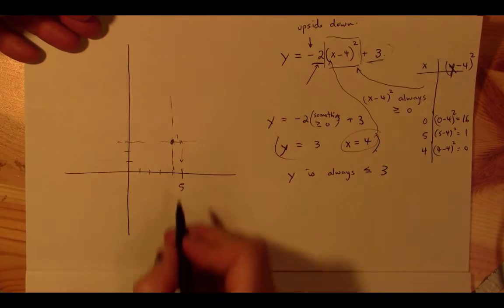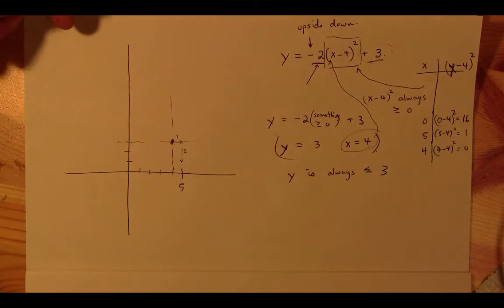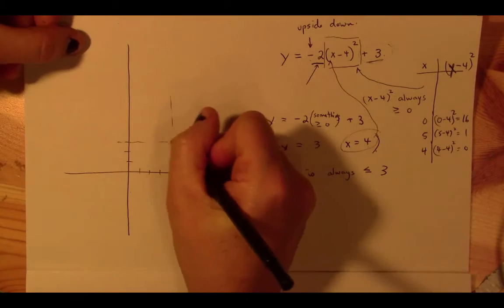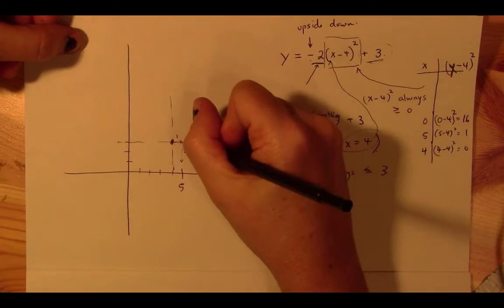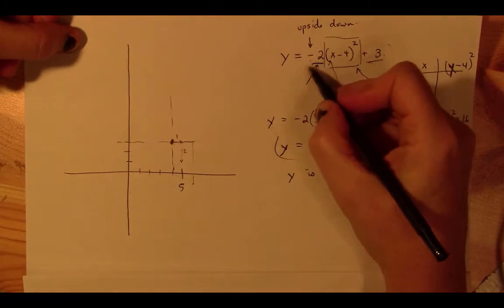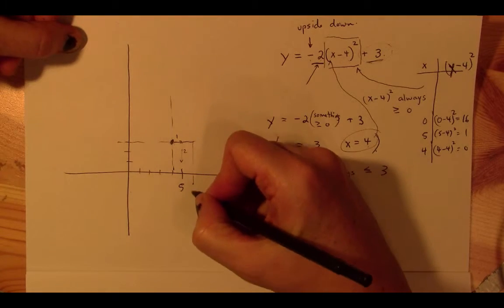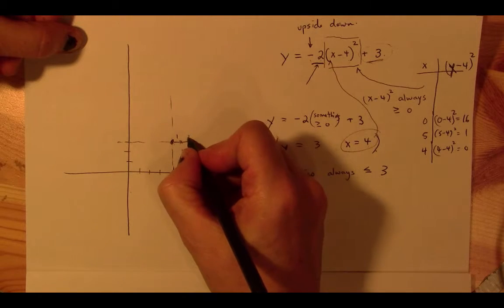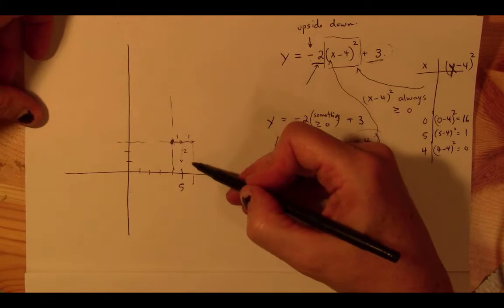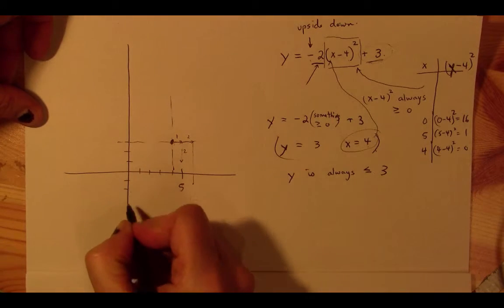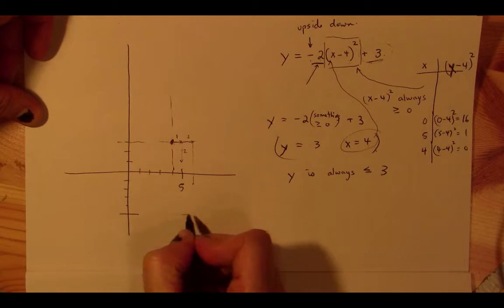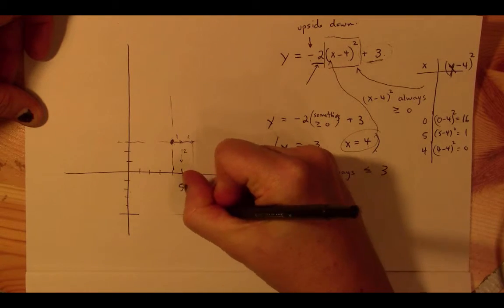So 1 squared is 1, and then I double it and go down. 2 squared would normally coincide with 4 up here, but it's negative, so it's down, and it's doubled, so it's actually not down 4, it's down 8. So over 2 will be down 8. So 1, 2, 3 to get here, 4, 5, 6, 7, 8. So right here is my second point.